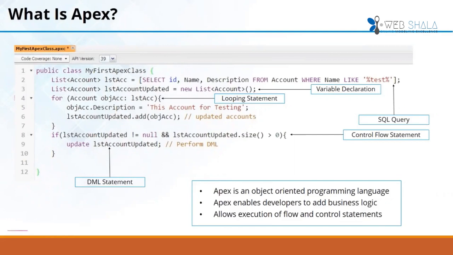Polymorphism. Polymorphism is something like one name and multiple tasks.